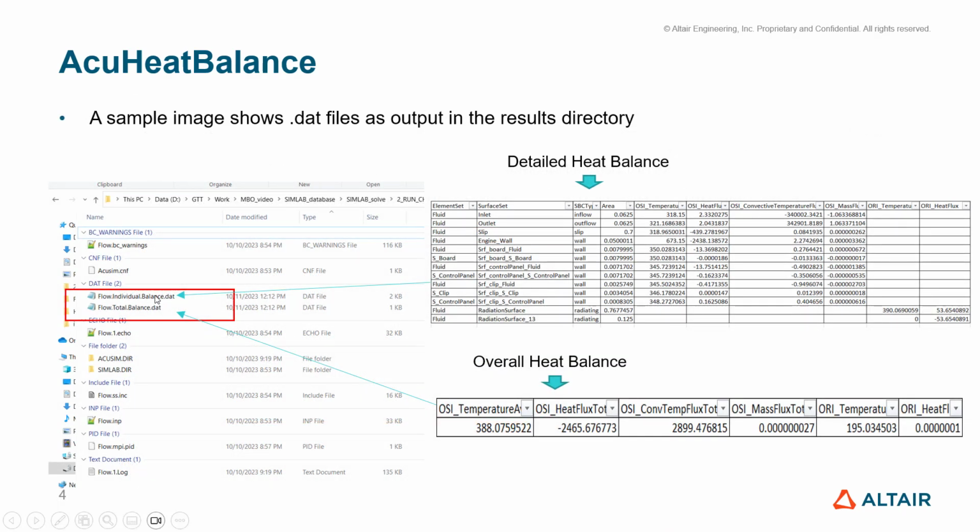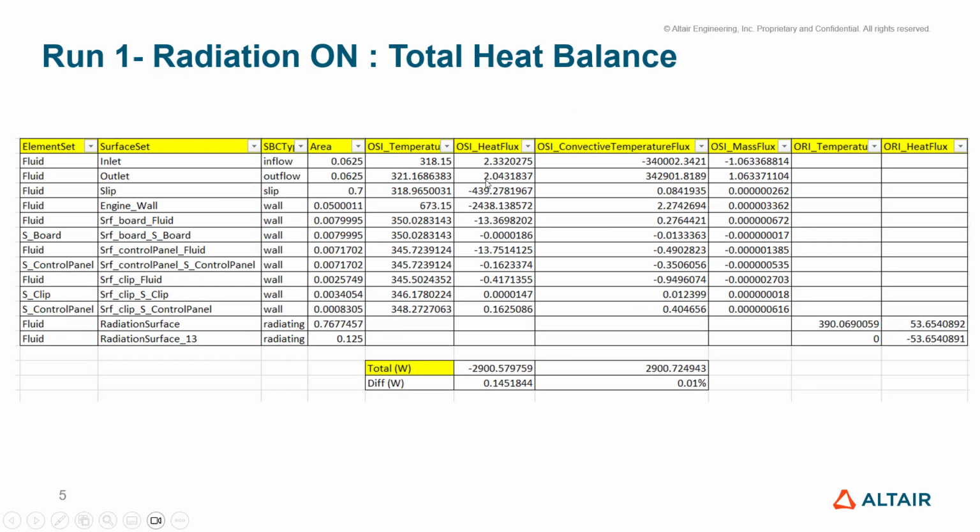And these are the two files written in the working directory. It's a comma separated file, we can take this to an Excel sheet and arrange it element set wise and column wise, and I have done this for the complete solid and fluid involved to find out the convective temperature flux and the heat flux.